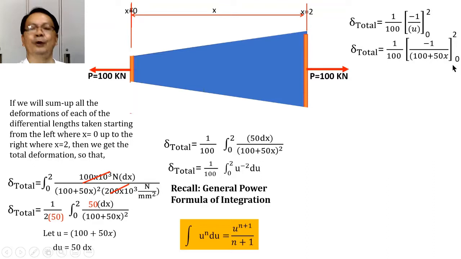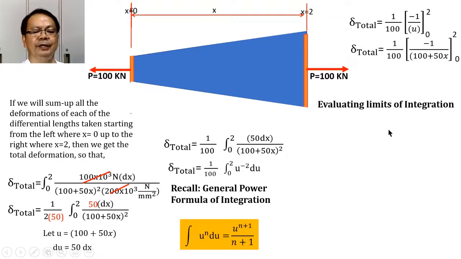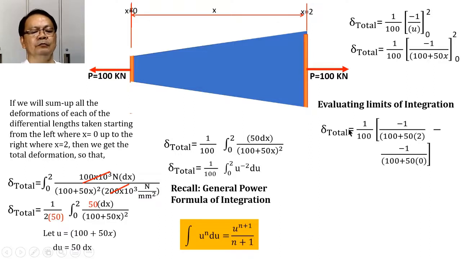And if we are going to evaluate the limits of integration, then our total deformation becomes equal to 1 over 100, substituting the upper limit, that is equal to negative 1 over 100 plus 50 times 2. Then substituting the lower limit by subtracting the next, that is negative 1 over 100 plus 50 times 0.